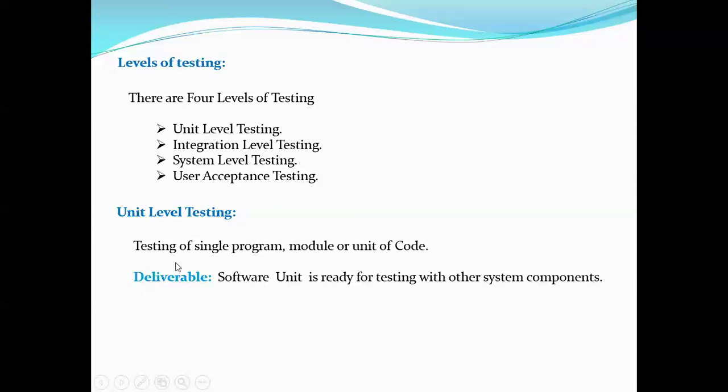Unit level testing is the testing of a single program or a module or unit of code. The software unit is ready for testing with other system components. My unit, like Today Deals, is already ready for other components. So generally we say that the developer will do unit level testing.